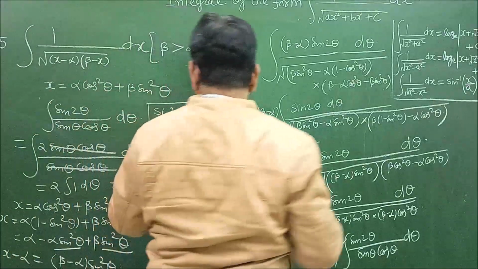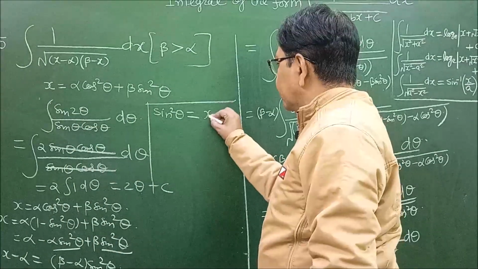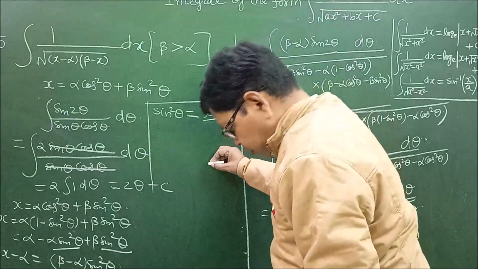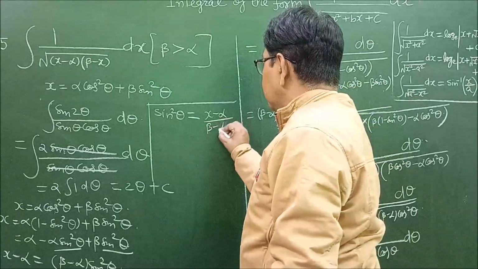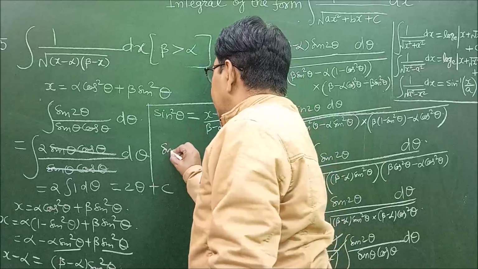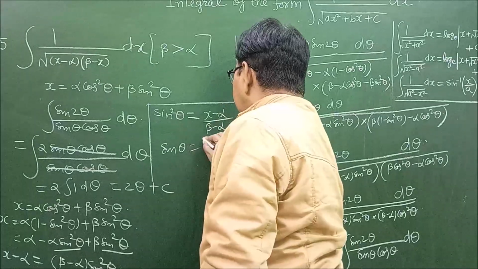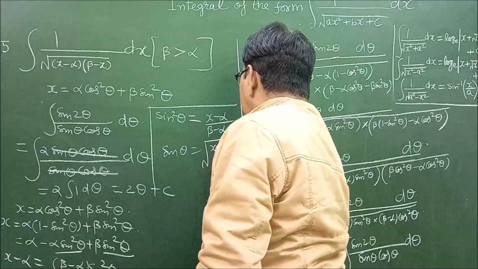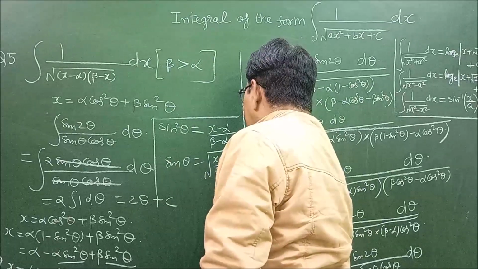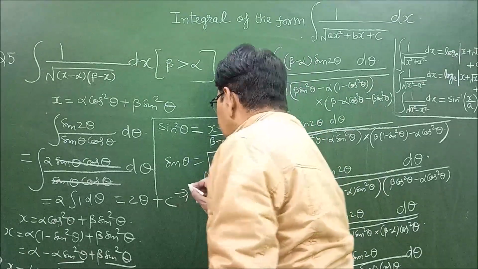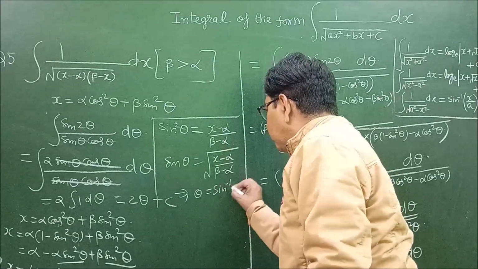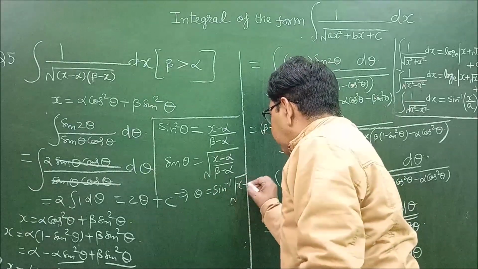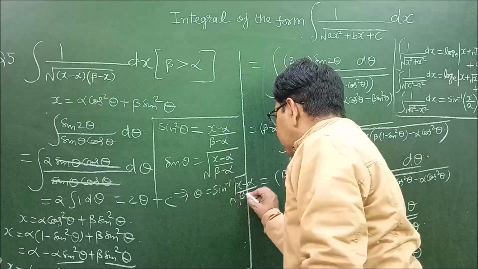The value of sin squared theta is equal to (x minus alpha) upon (beta minus alpha), which gives sin theta equal to the square root of (x minus alpha) upon (beta minus alpha), or we can say the value of theta is equal to sin inverse of the square root of (x minus alpha) upon (beta minus alpha).